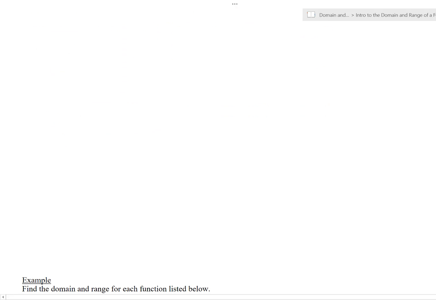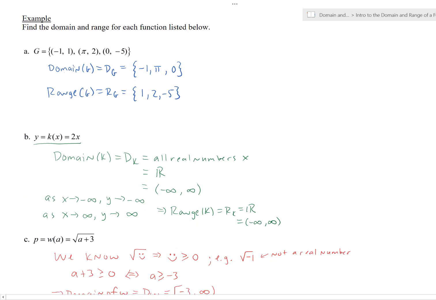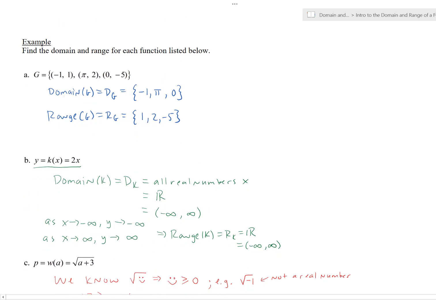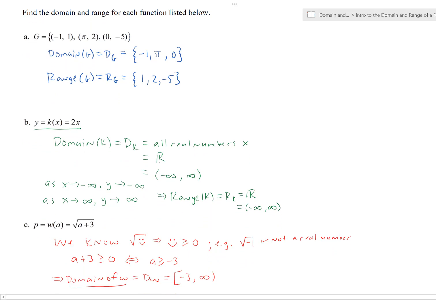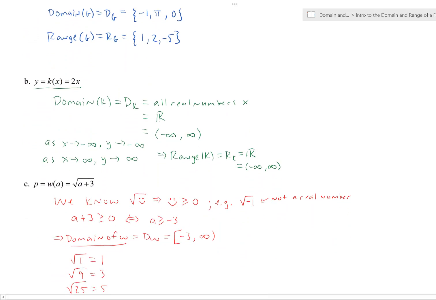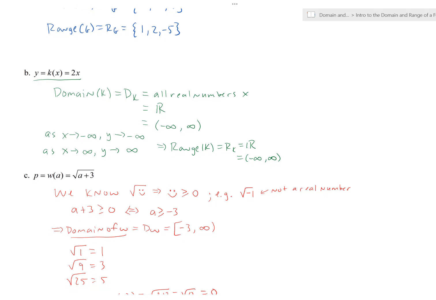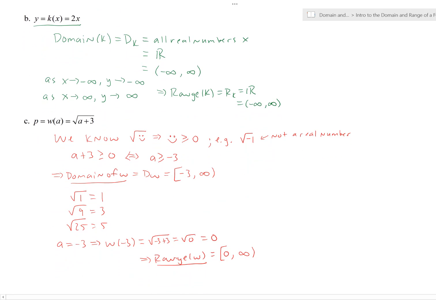Finally, down here, we look at a couple of examples where one was just a collection of ordered pairs, and parts B and C here being symbolic representations. How do we find those domains? So we'll see further examples of domain and range in basically most other videos, as domain and range are big topics in describing functions in general. So yeah, that's about it, and we're done.